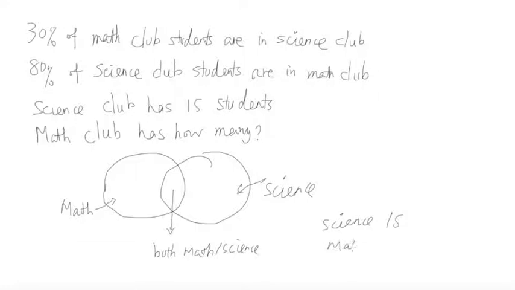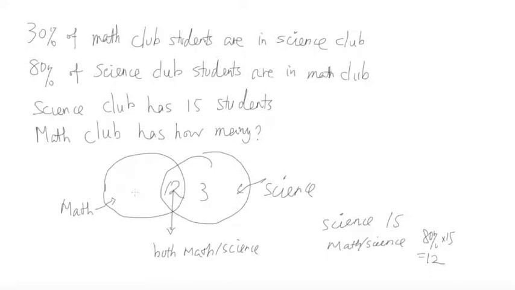And these students are exactly the students in both math and science. So how many do you have? You have just 80% times 15. And this you can calculate, this is 12. And you have 12, you have 3.